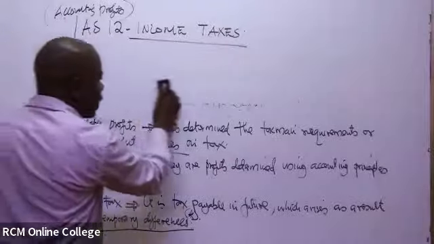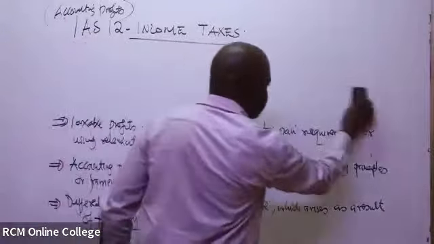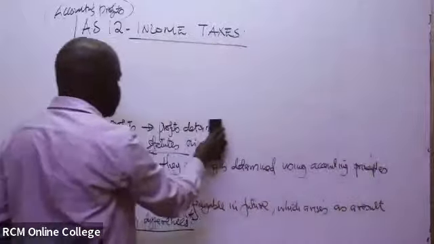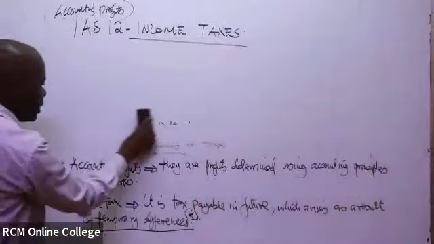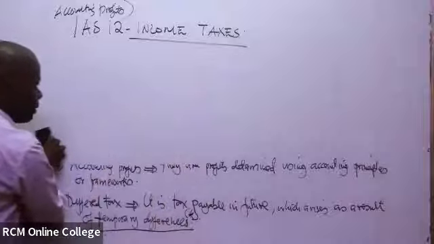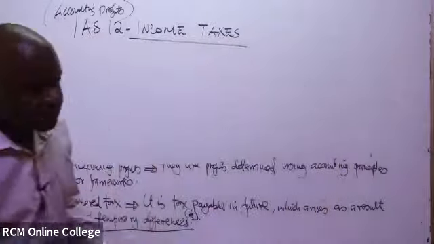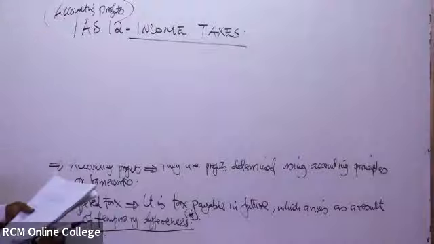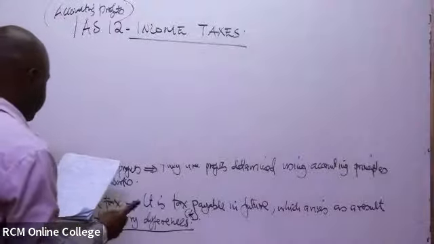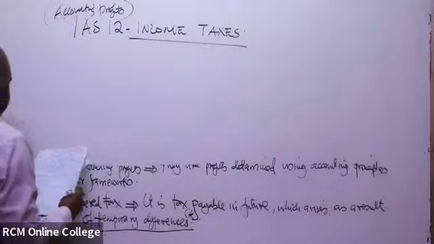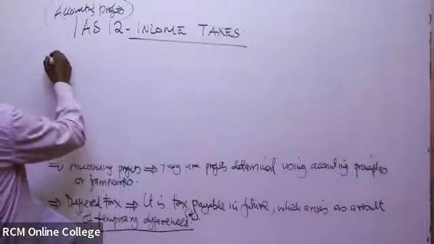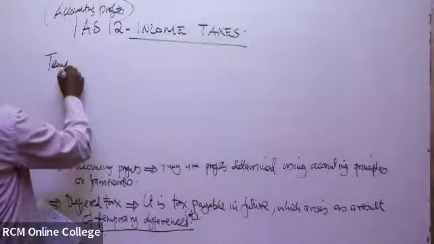Hope you've been able to write, because you can see I'm rubbing it off. So we're saying deferred tax will arise from the temporary differences. There's a formula to determine these temporary differences.